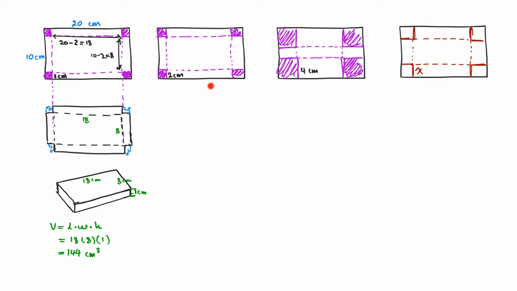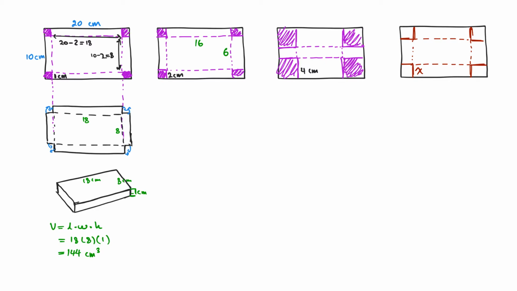Now let's see what happens if I cut out 2 centimeters instead of the 1. So now our length over here is 20 minus 2 minus another 2, so that will be 16. And this length over here is going to be 10, which is this whole side over here, 10 minus 2 minus another 2, which would give us a total of 6.